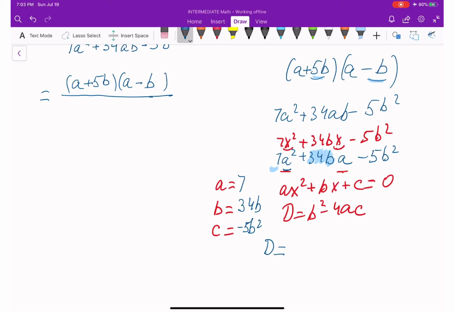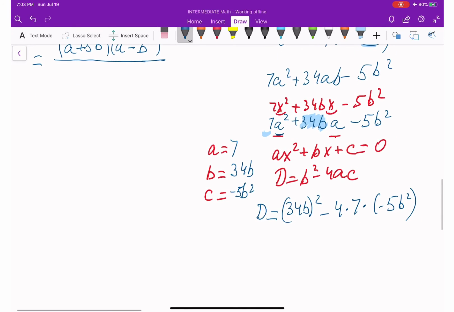All right, let's do it. B squared is going to be 34b squared, and minus 4 times a, which is 7, and then times negative 5b squared. So what do we get here? 34 squared is going to be 1,156 b squared, and then minus 4 times 7 is 28, and then times 5 it's going to be 140.